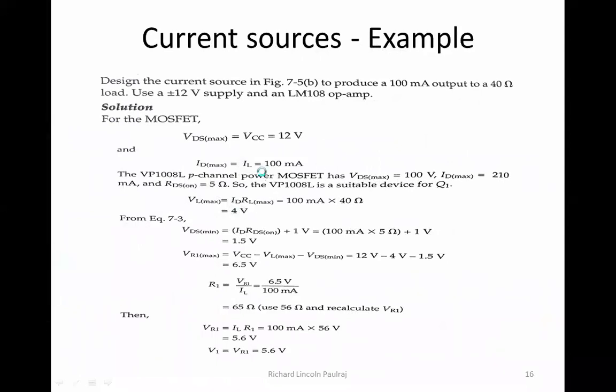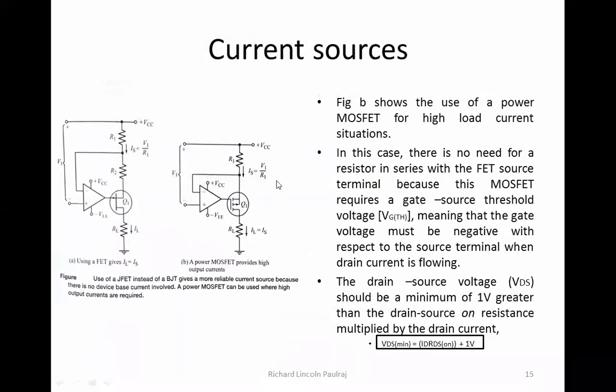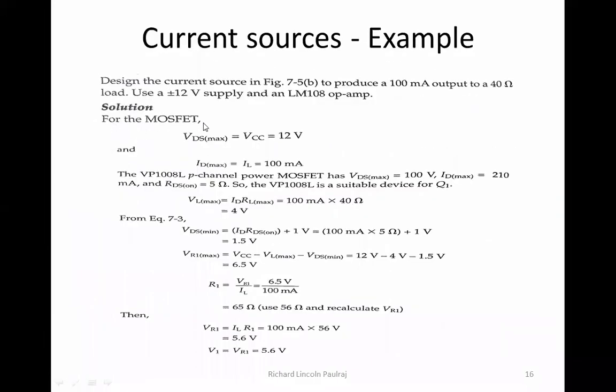Now this is a MOSFET here. We are looking at this figure. For the MOSFET, VDS max: at the drain, the maximum it can go is up to 12 volts, because the supply is itself 12 volts, so I cannot go beyond 12 volts.